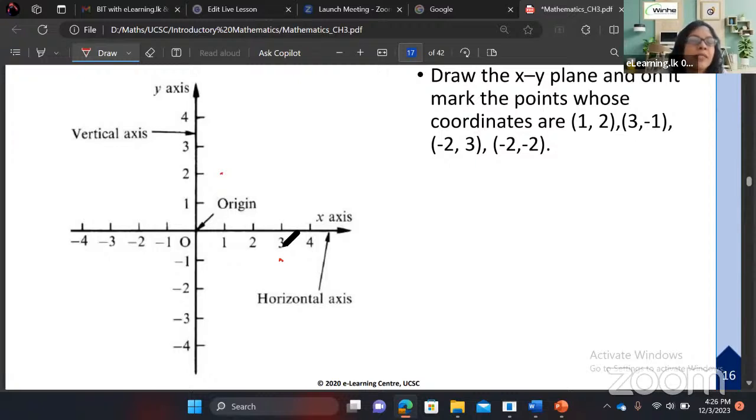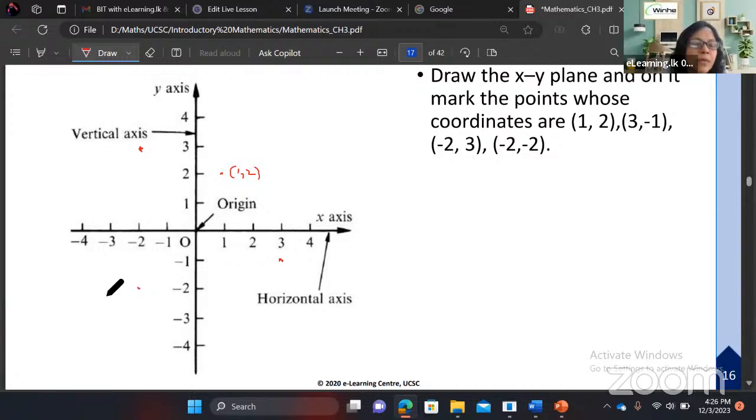Minus 2, 3 means the x value of that point is minus 2 and the y value of that point is plus 3. Therefore, that should be somewhere here, right? 1, 2 is this one. Minus 2, minus 2 means the x value is minus 2 as well as the y value is minus 2.